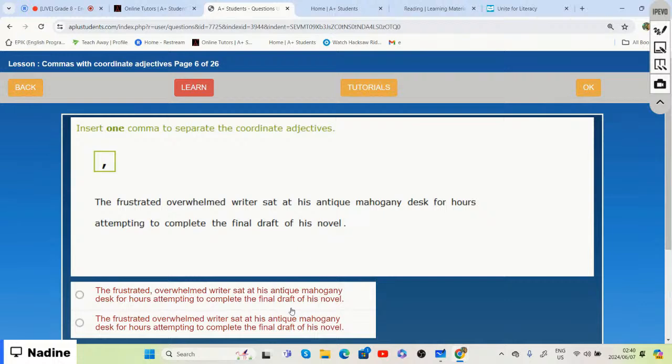So we need to insert our one comma to separate the coordinate adjectives.